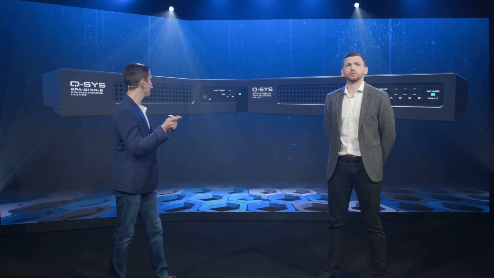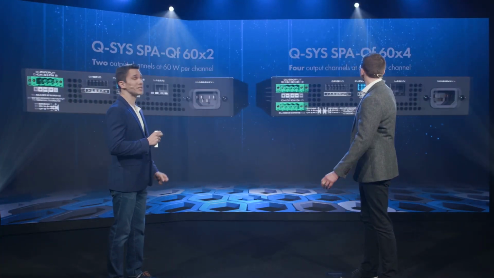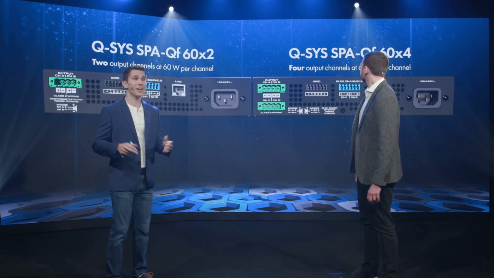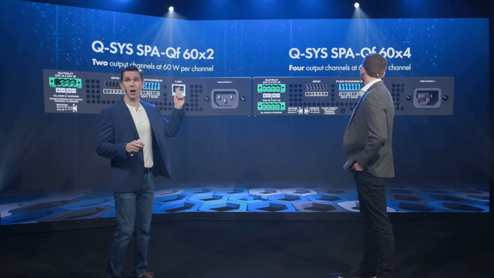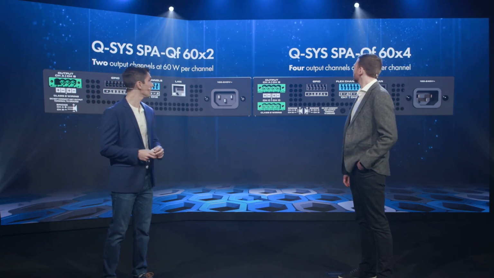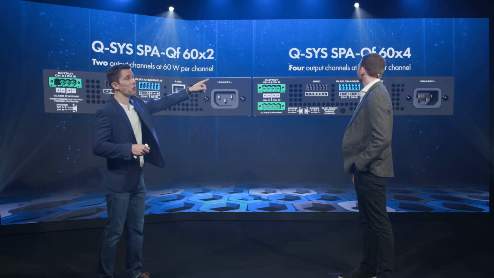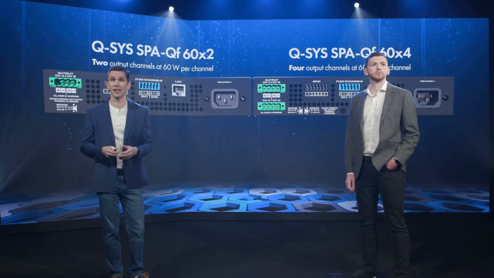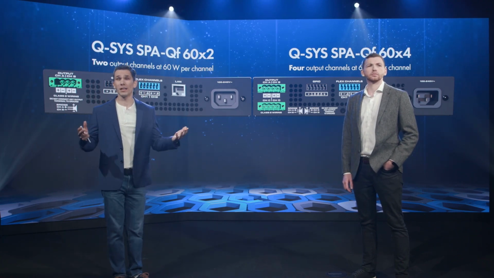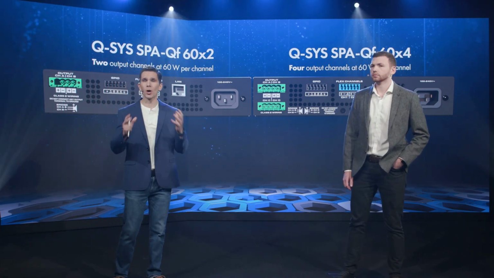Now, if we spin these around, we can explain what those model numbers mean. Hopefully it's self-explanatory: the 60 stands for 60 watts, which is perfect for the compact spaces it's intended for. The 2 and the 4 are indicative of the number of channels it offers, so a 2-channel and a 4-channel.